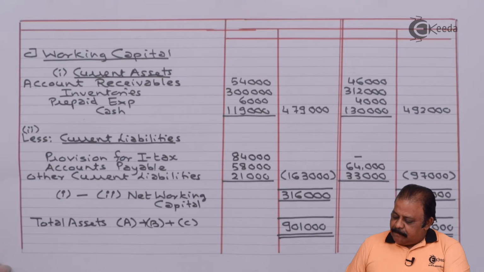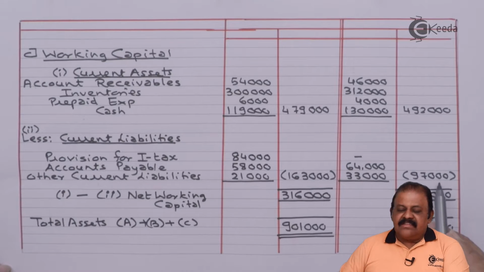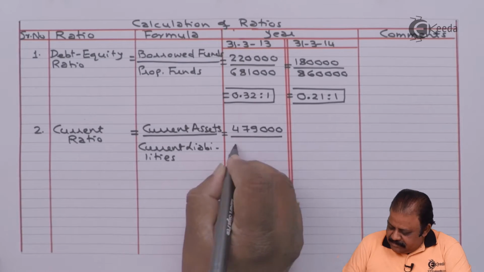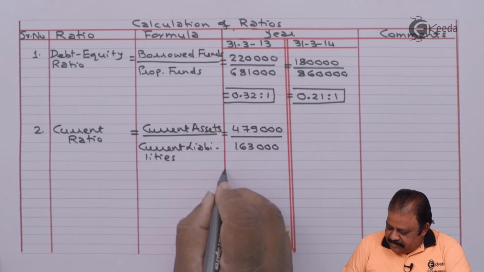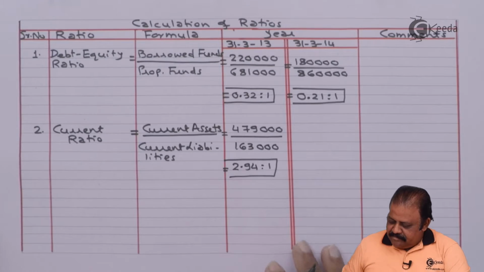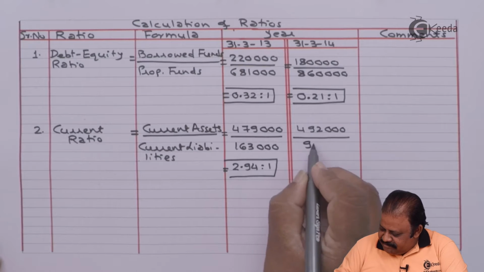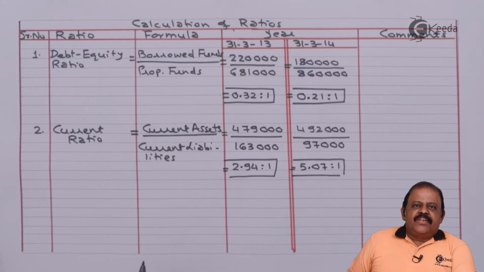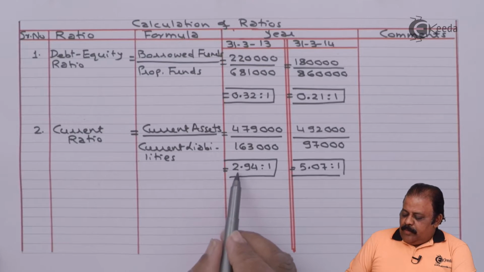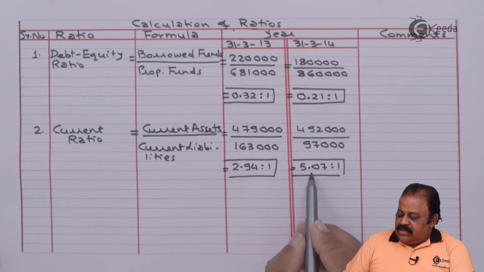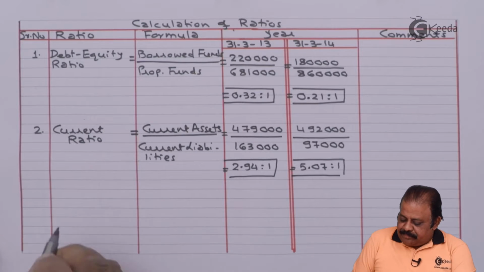Current liabilities 1,63,000 and 97,000. Current ratio for first year is 2.94:1 and for the second year 5.07:1.